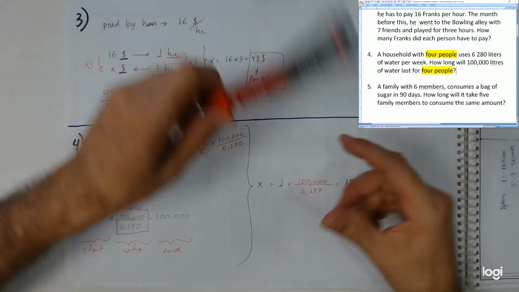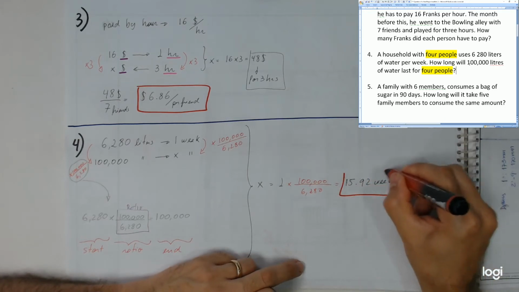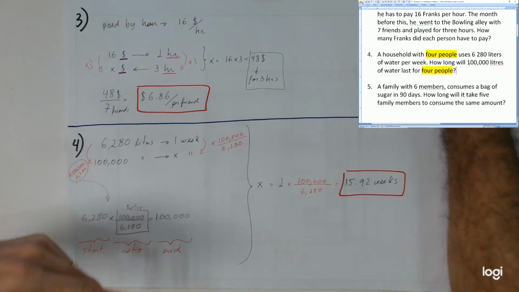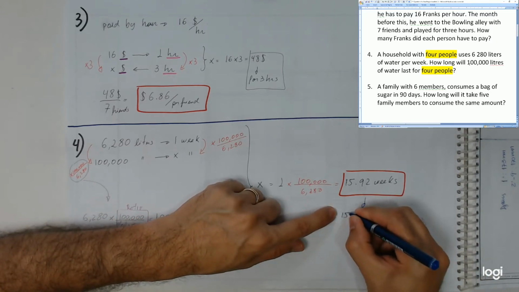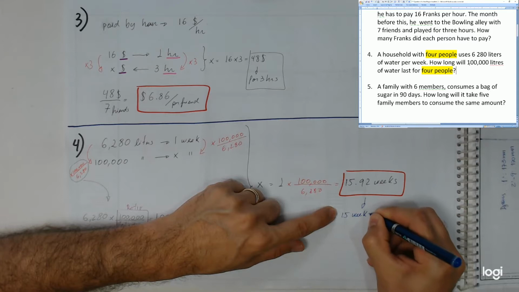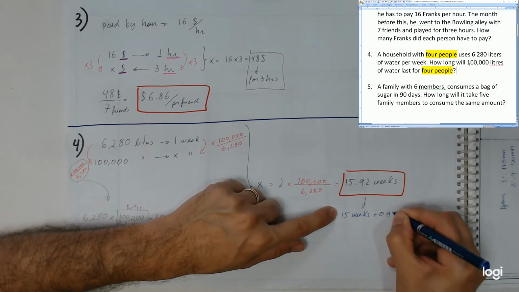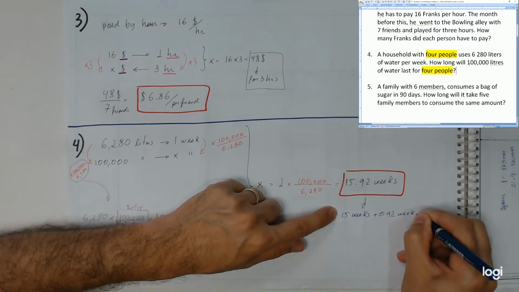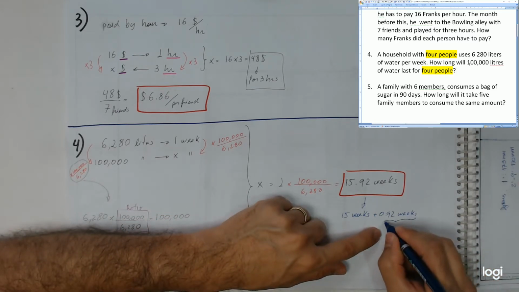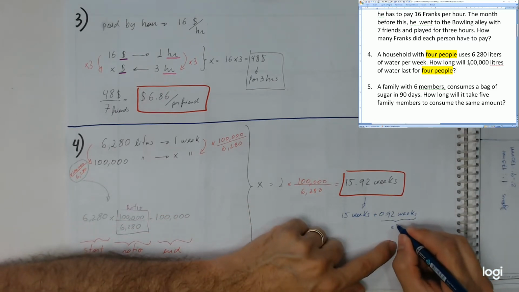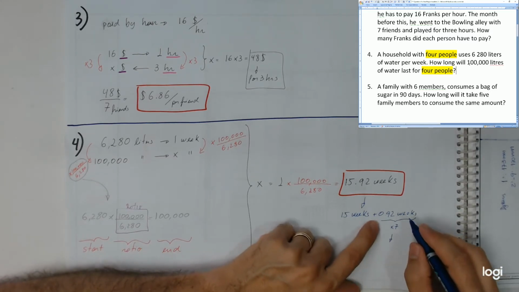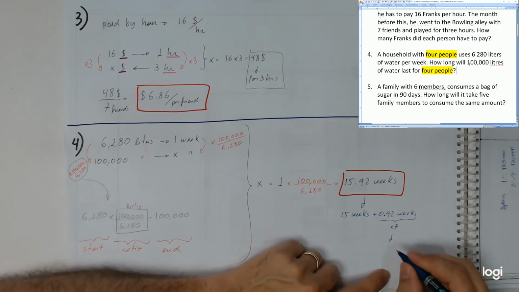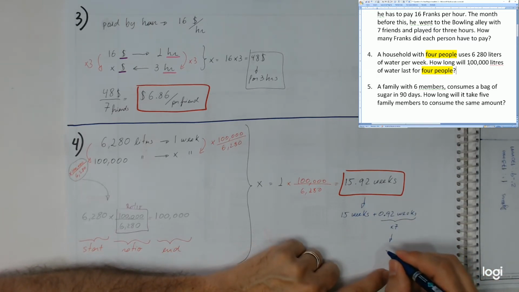And this is the answer. Well, if they ask you to go ahead, you can say that this is 15 weeks plus 0.92 weeks. If you just multiply this by 7, because 1 week has 7 days, right? You just get that 0.92 weeks is the same as 6.4 days.